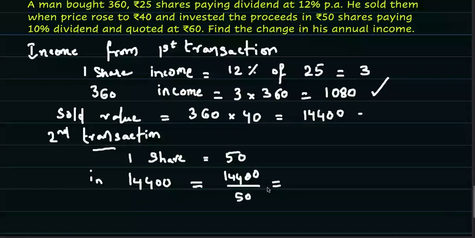The face value was 50, but he got it at 60 rupees. The face value of this is 50, but the market value was 60. So he got it at 60. So if he is dividing by 60, he will get number of shares 240. So he got 240 shares.